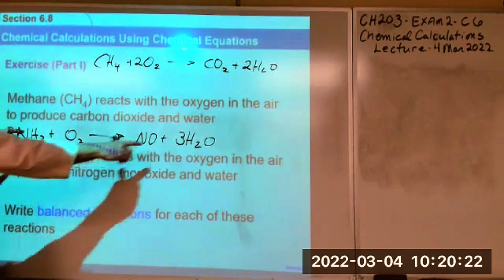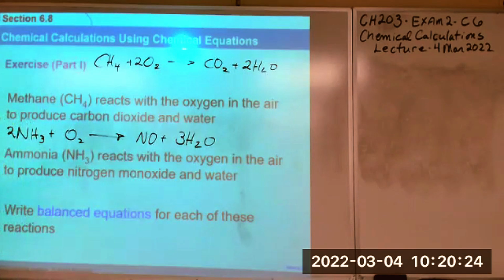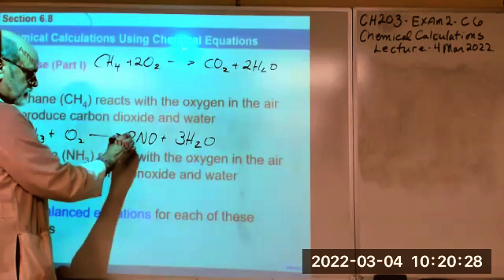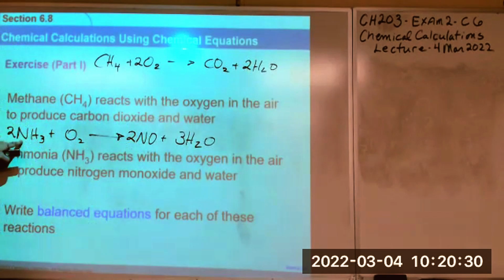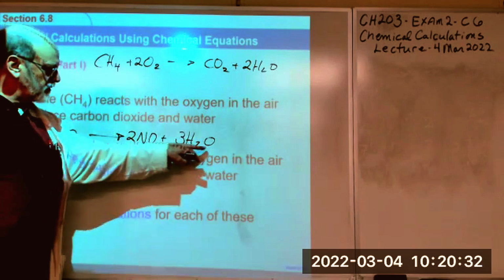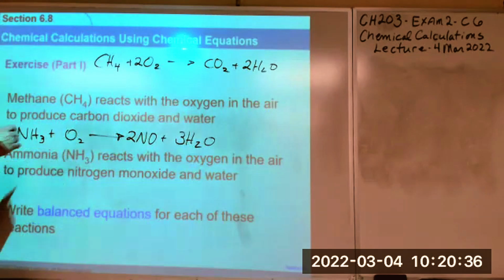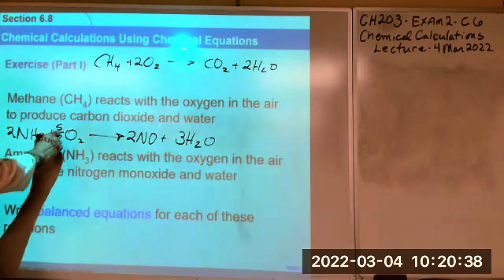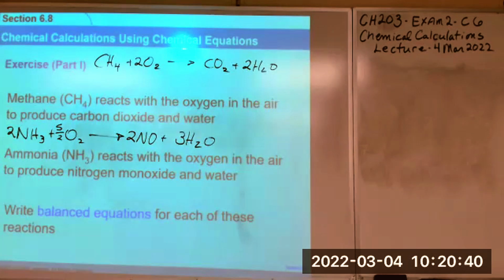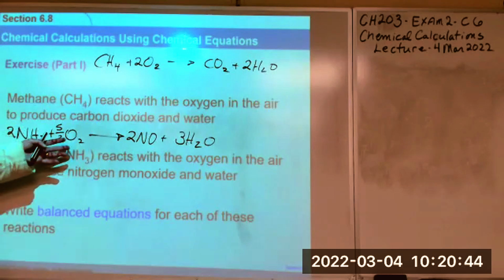Now we have 6 hydrogens on both sides. We're good. But now we have 2 nitrogens here. We need 2 nitrogens there. So that means 2 oxygens plus 3 oxygens is 5 oxygens. We need 5 oxygens. So we use the fraction trick. Okay?